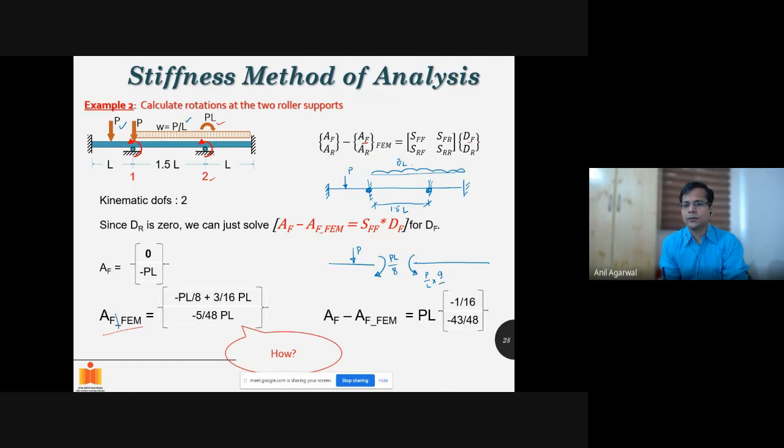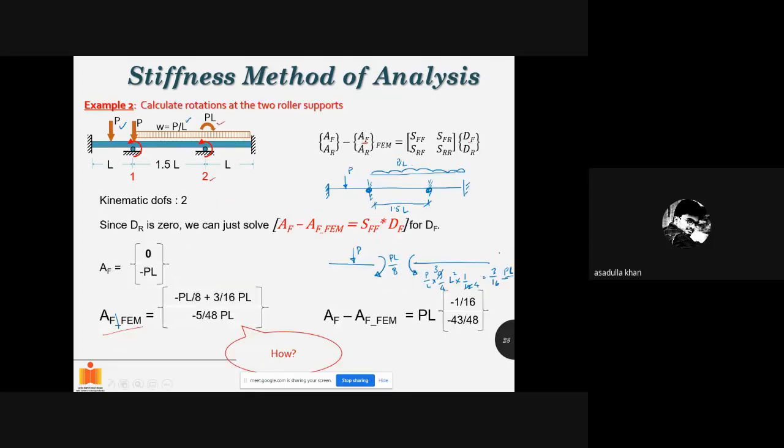So 9 by 4 L square, square of 3 by 2 L. So this is what it will be, 3 by 4. So it is basically 3 by 16 PL. Is that correct? 3 by 16 PL. Fine. Everybody agrees? 3 by 16 PL?